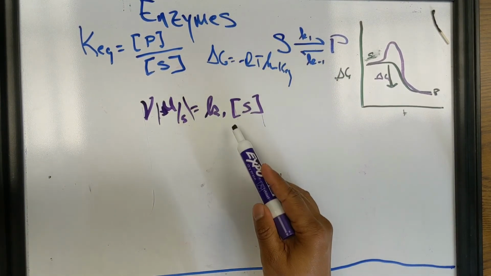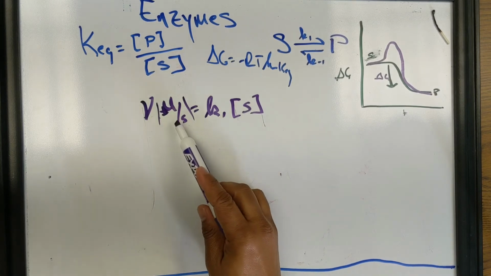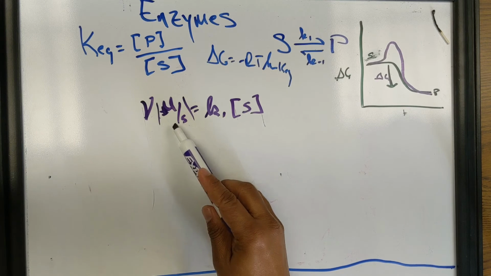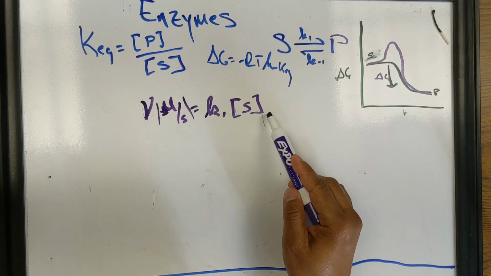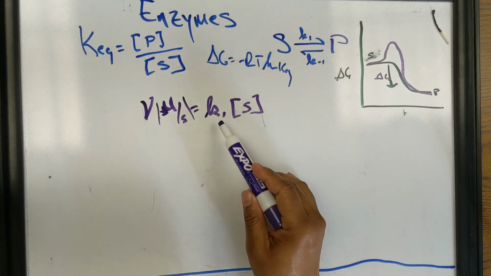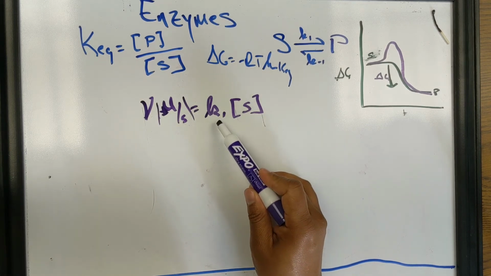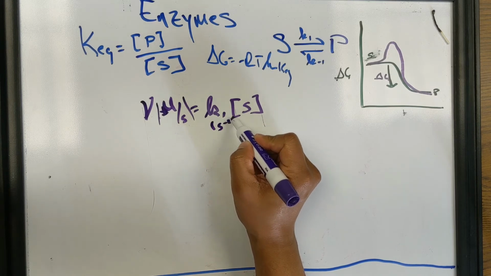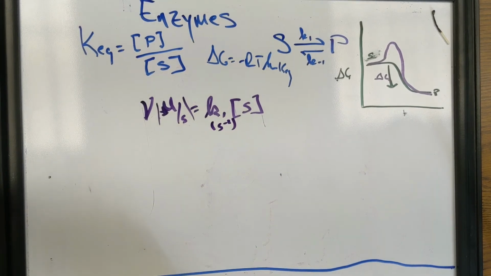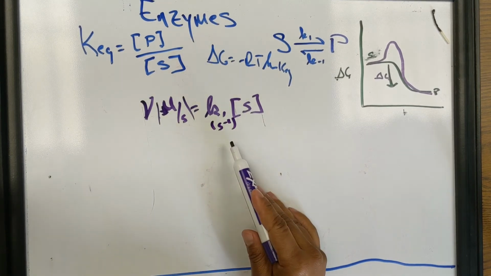And here, if velocity is in molar per second, and this is in molar, then this has to be in units of per second. So the question is, what is that K?